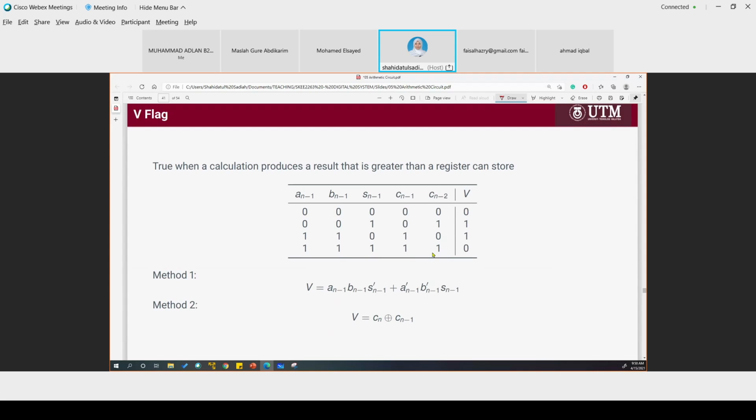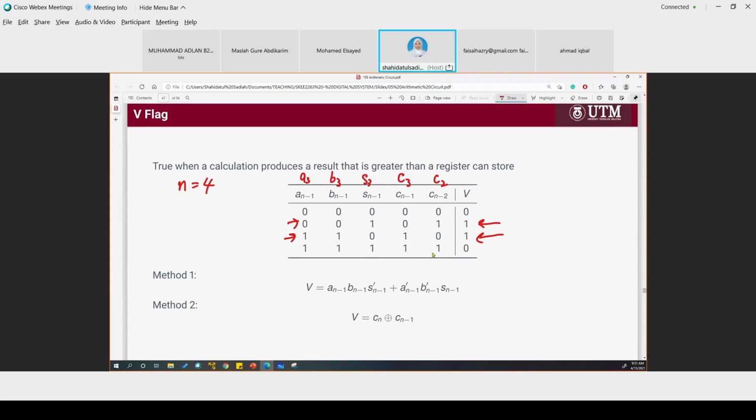Let's say you are doing a calculation of 4 bits. So this is A3, B3, S3, and C3 and C2. And the V will only be set with this condition.